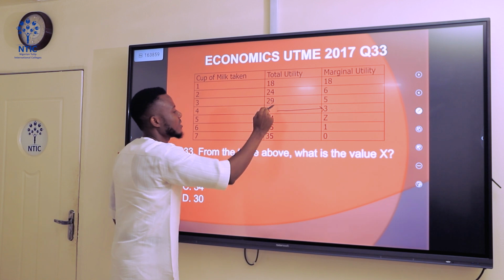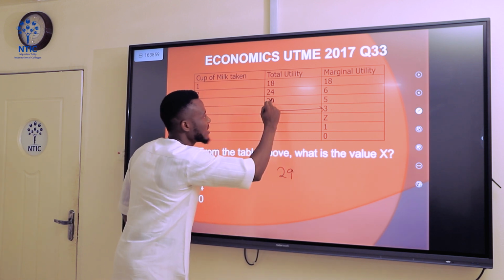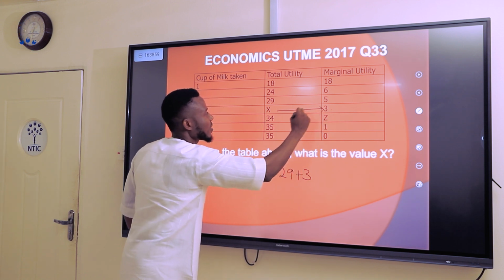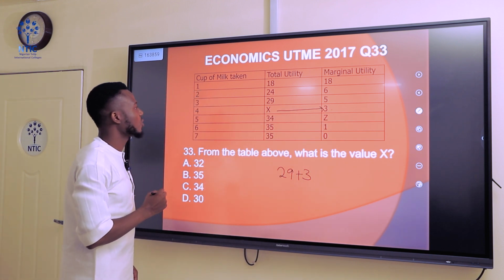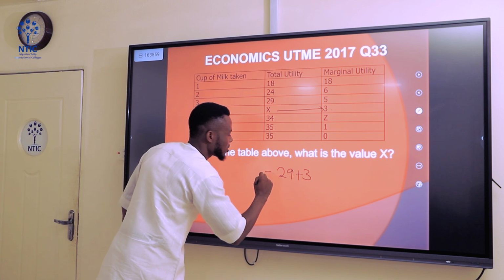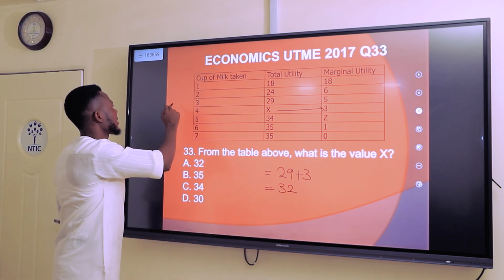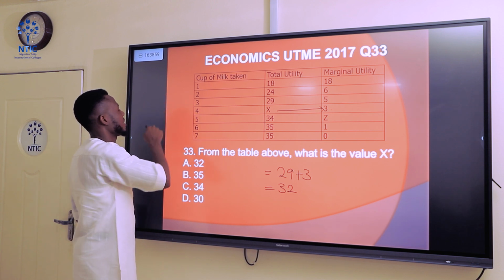In this case, we'll have 29, the value preceding it, plus 3, which is the value on the same line as X, and this will give us a total of 32. Hence, our answer will be A.